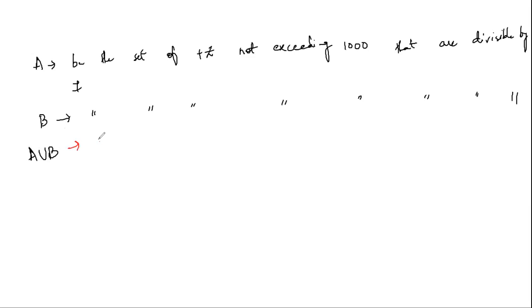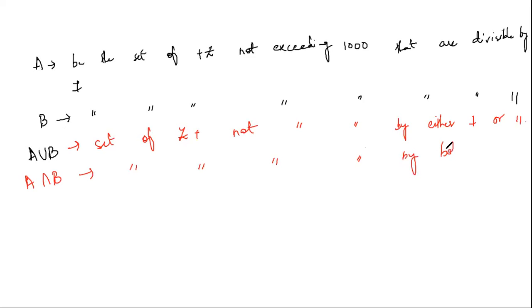A union B will be the set of positive integers not exceeding 1000 that are divisible by either 7 or 11. And A intersection B is the set of positive integers not exceeding 1000 which are divisible by both 7 and 11.